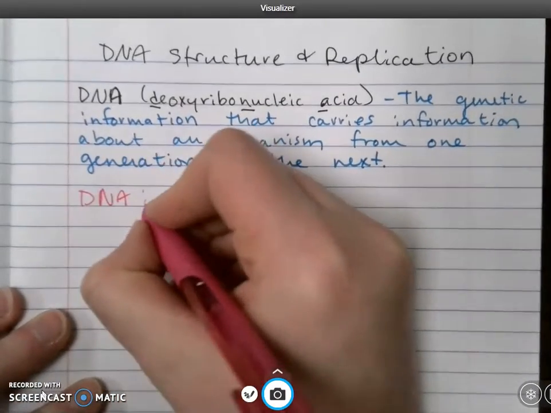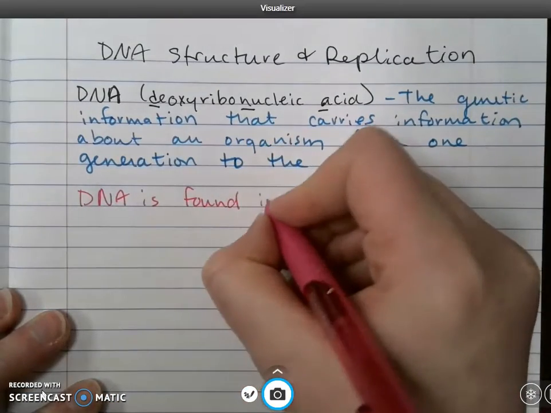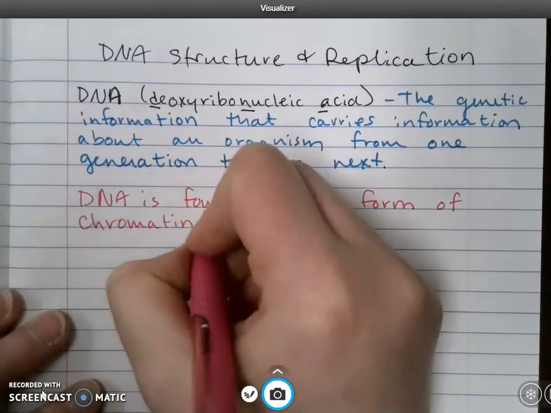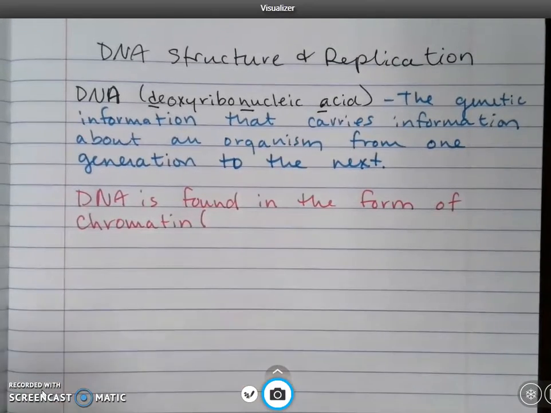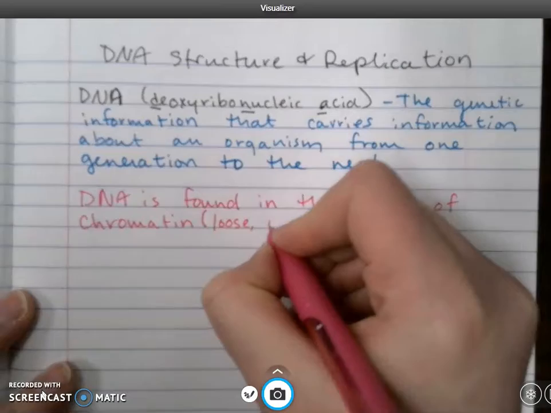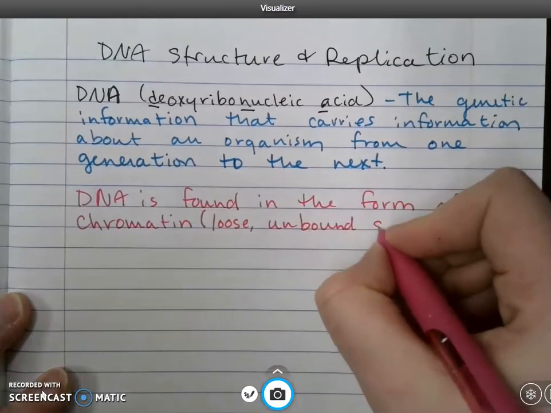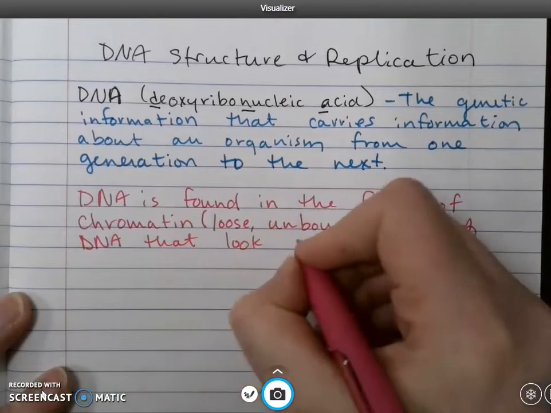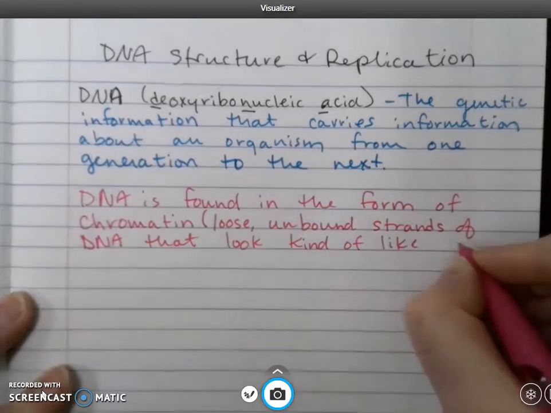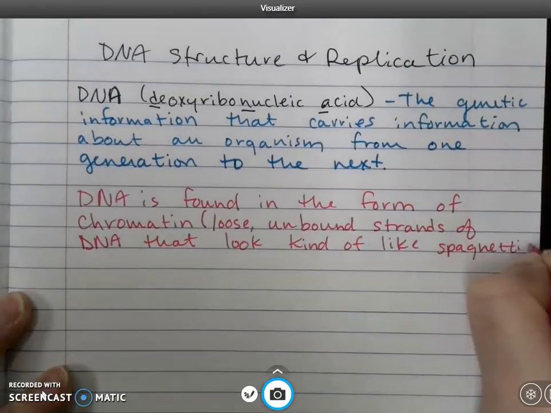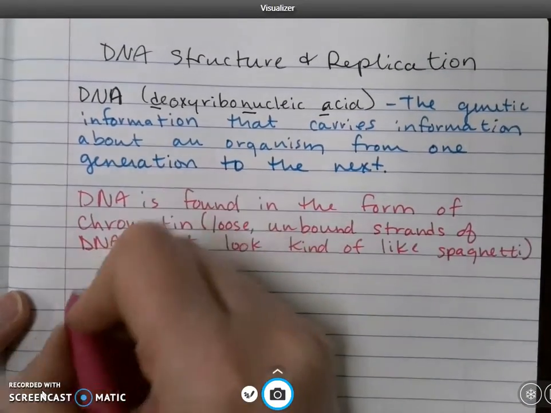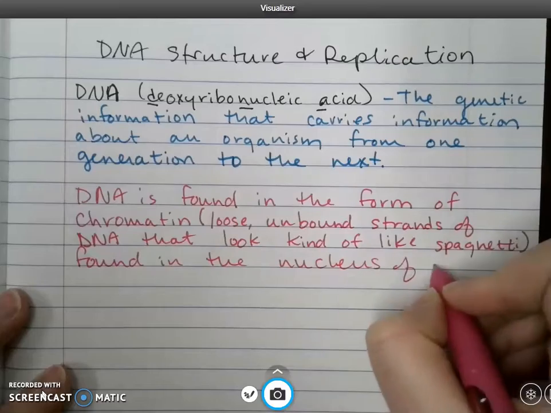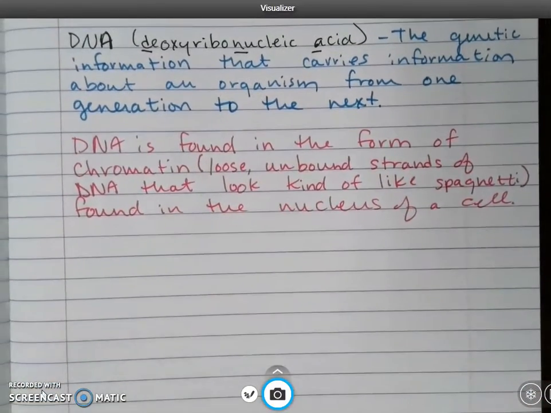Chromatin is a loose, unbound strand that looks kind of like spaghetti, and it is found in the nucleus of the cell. So that's what it looks like from an outside perspective.